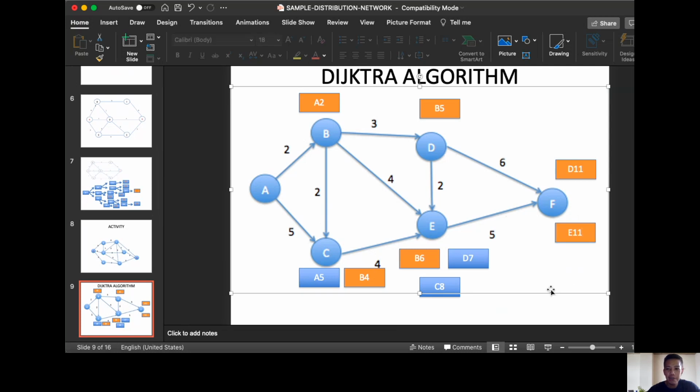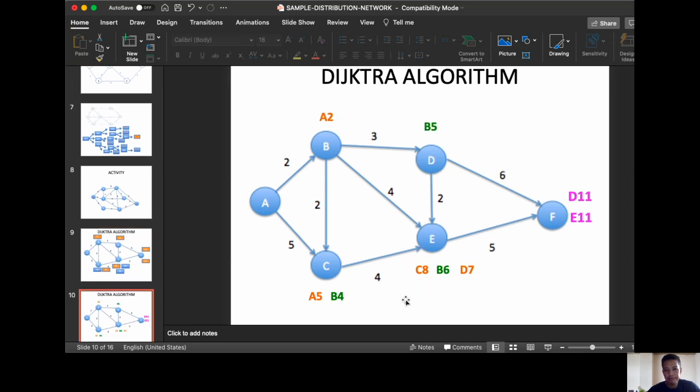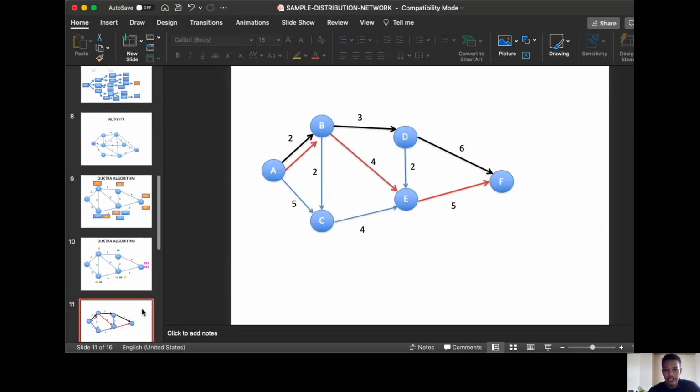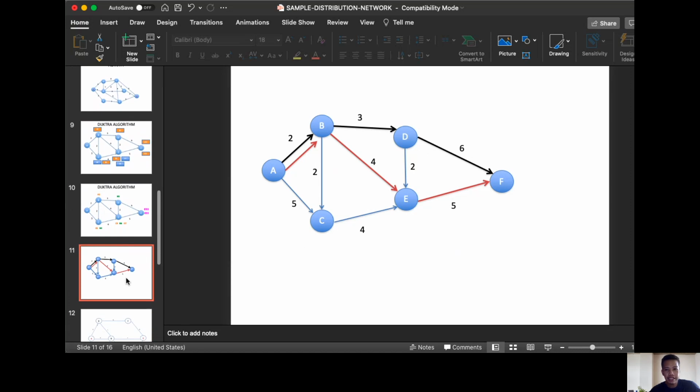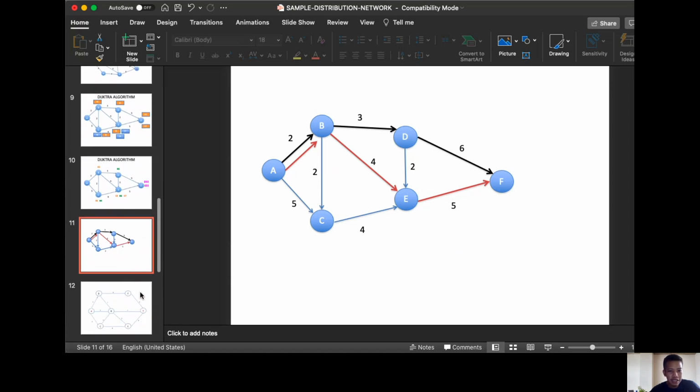So again, we have two possible routes, since they have the same value. Like earlier, so AB, DF, or AB, EF. So I hope it's clear.